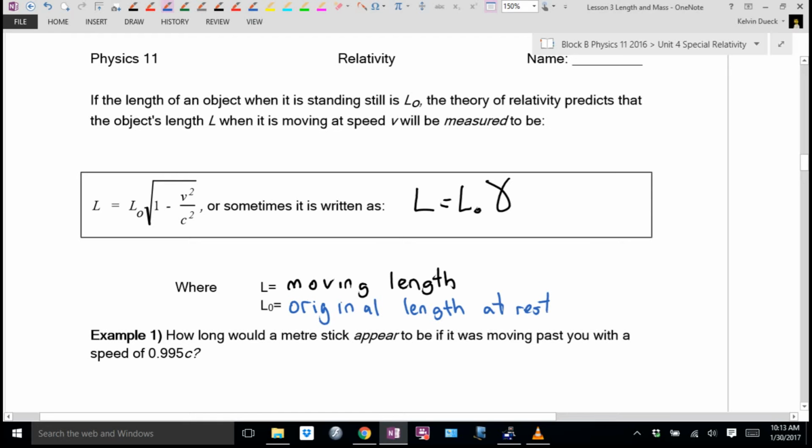In the time dilation equation, T0 is on board the spaceship, the moving object. Unfortunately, in the length contraction equation, L0 is the original length at rest, not moving. And I haven't figured out a good way to help you keep straight those two issues, except to say in the L, I think L original, and in the T, I think time on board. They both begin with O, though, so it doesn't help much. This part you'll have to memorize.